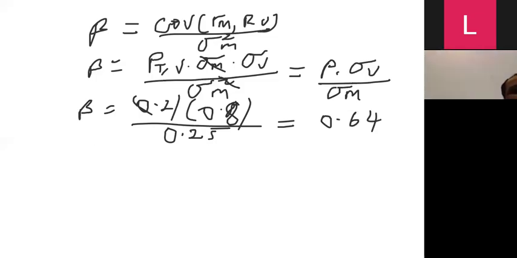Now that we know our beta, we can replace it into the CAPM formula, which is expected R equal to RF plus beta times (RM minus RF).